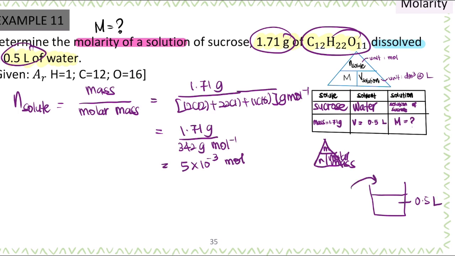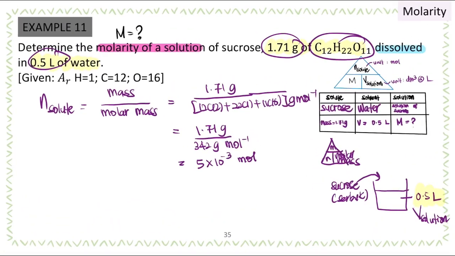We have water 0.5 liter and the solute, which is the sucrose in solid form, is added into the solvent. Because the solute is in solid form, meaning to say the volume of solution will take up the volume of solvent. Therefore, the volume of solution will be 0.5 liter.